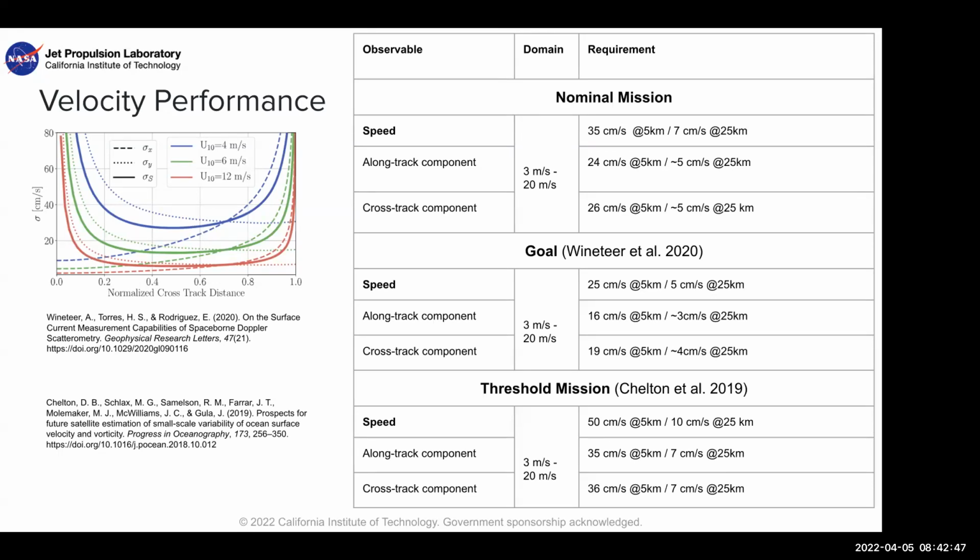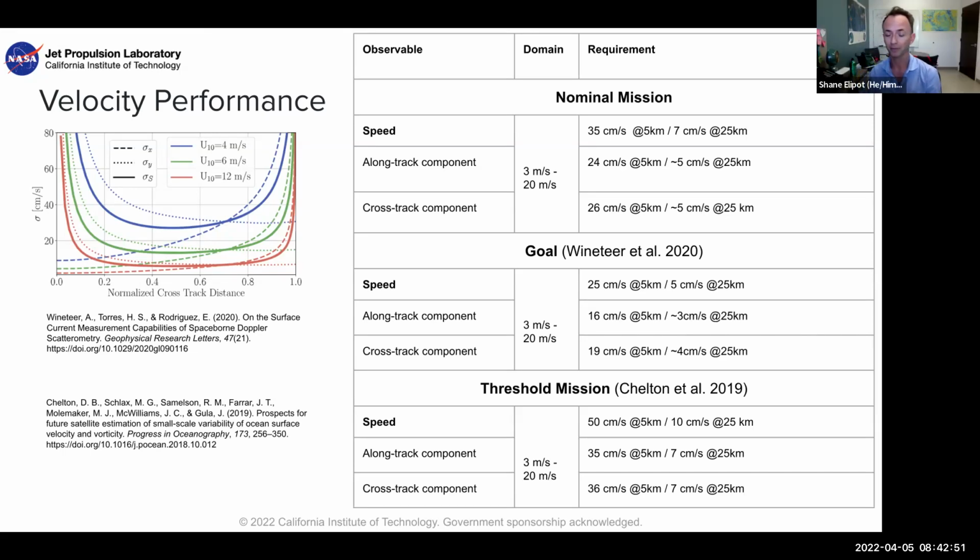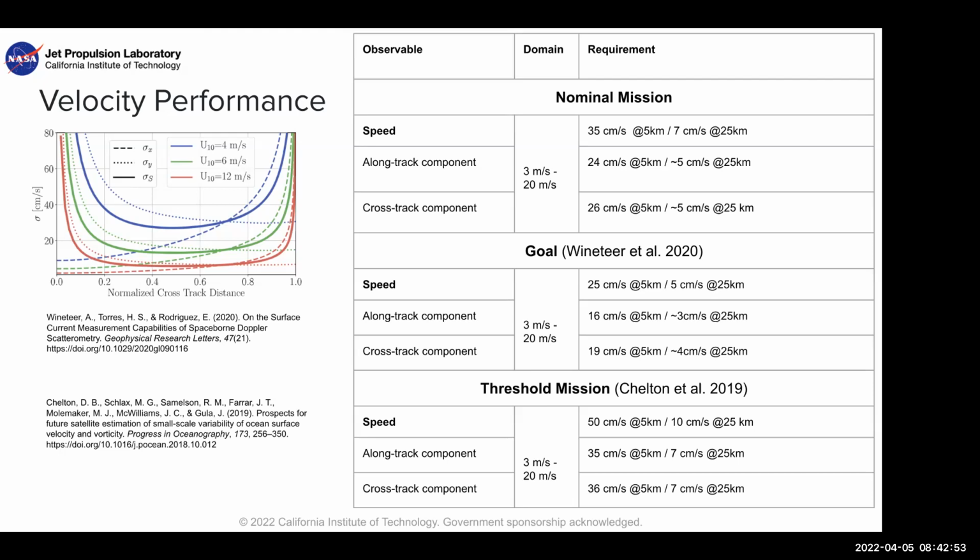Doing things from space is a lot harder than doing things when you're there. Sure. But that's where the trade is between applications and the spatial averaging required. This is not a mission to examine the submesoscale between 10 kilometers and 30 kilometers, but is more looking at the mesoscale and other processes.